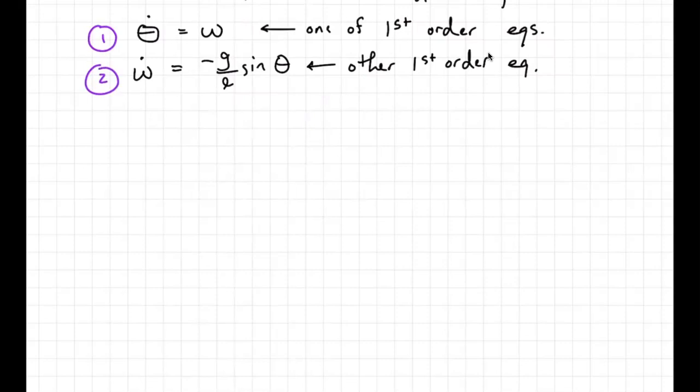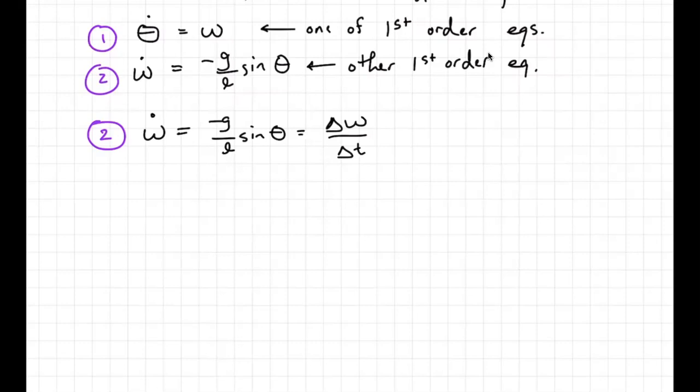Let me start with equation 2. So equation 2 says that omega dot equals minus g over L sine theta. So what's omega dot? That's the rate of change of omega. So that is delta omega over delta t equals minus g over L sine theta.